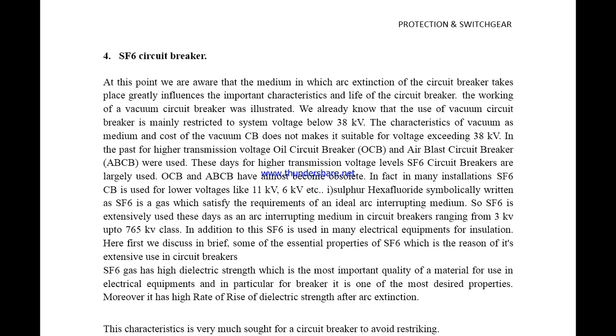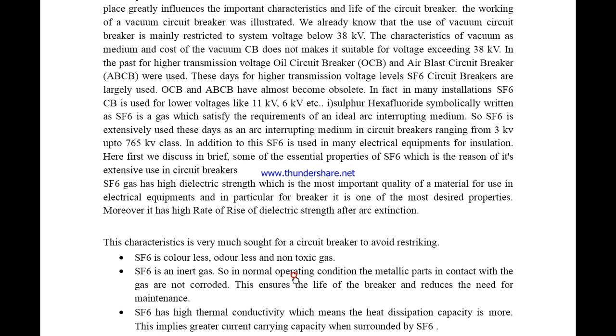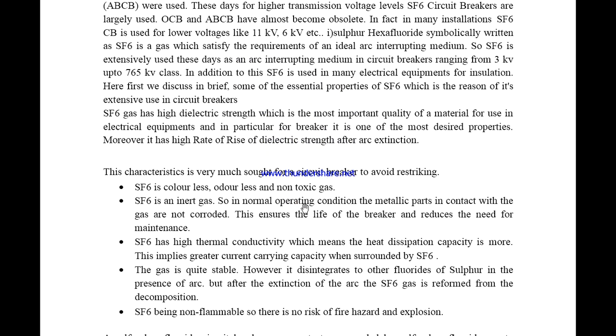In many electrical equipments for insulation, such essential properties of SF6 are the reason for its extensive use in circuit breakers. It has high dielectric strength, which is the most important quality of a material for use in electrical equipment, and in particular for a breaker, it is one of the most desired properties.